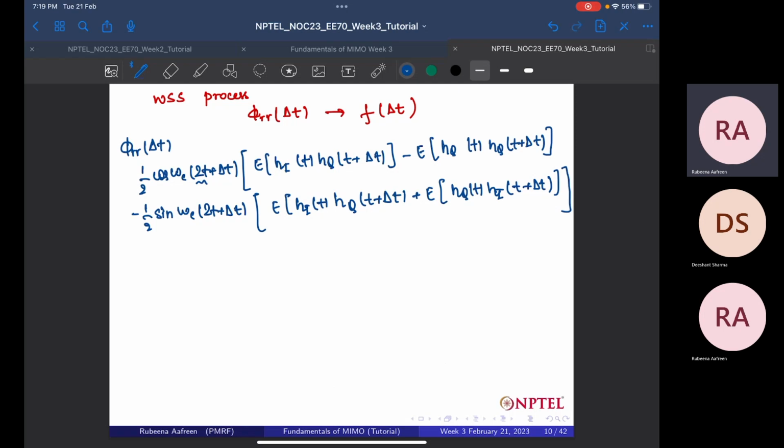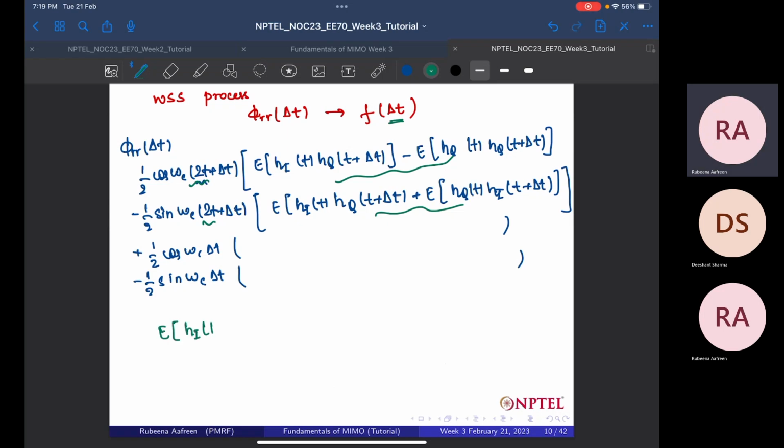And then two more terms are there. That is, one is half of cos omega c delta t into some coefficient and minus half of sine of omega c delta t into some coefficient. So currently I'm not writing all of that, but the gist is that since it is just a function of delta t, all the terms that are function of t should be 0. From here we will get this coefficient equal to 0 and this coefficient equal to 0.